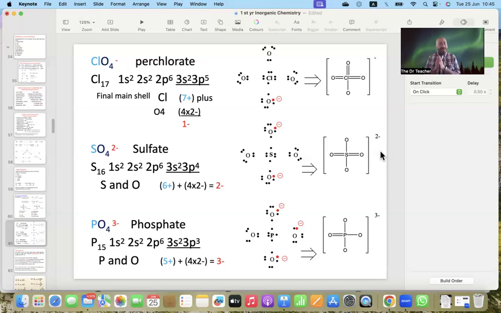H3PO4. It cannot be H2PO4. It cannot be HPO4. It should always be H3. Why 3 hydrogens? Because of the 3 overall charge of the phosphate. That's how chemistry works. Reactions happen with the valence electrons, with the outer shell electrons.